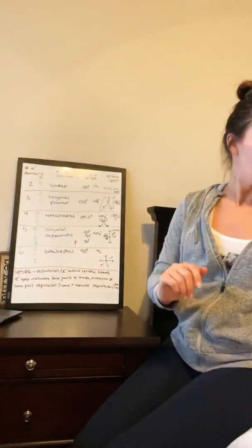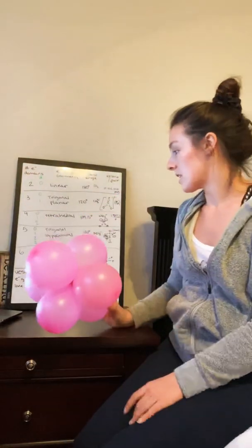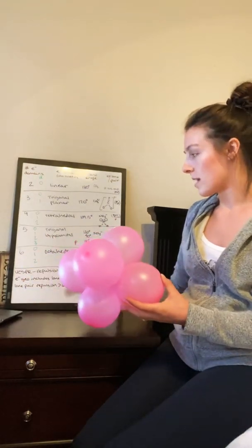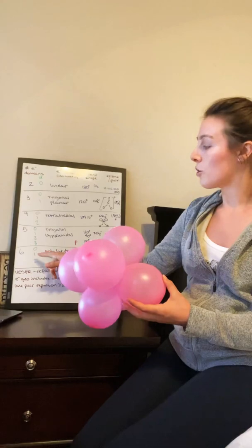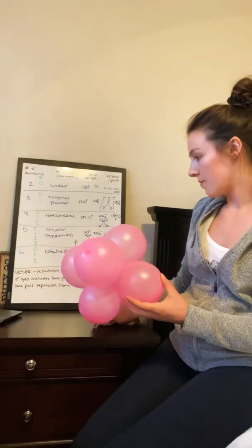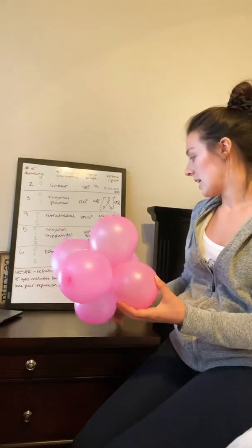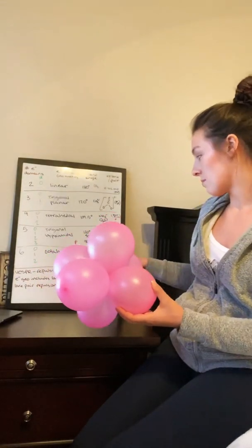All right, and then the last one is the octahedral. It has 6 electron domains. It can have 0, 1, or 2 lone pairs. The bond angles are 90 degrees on this one. I did SF6 as my example.